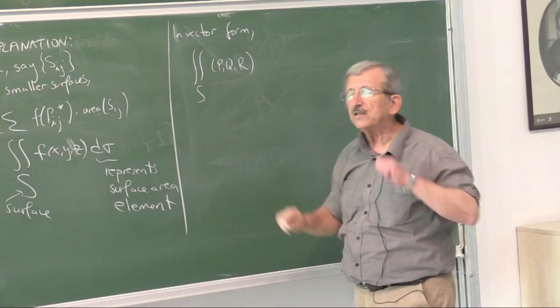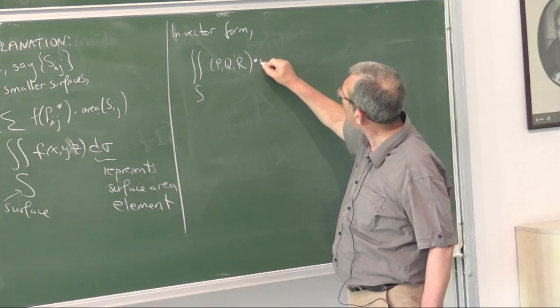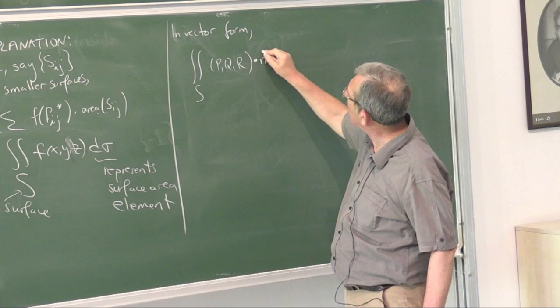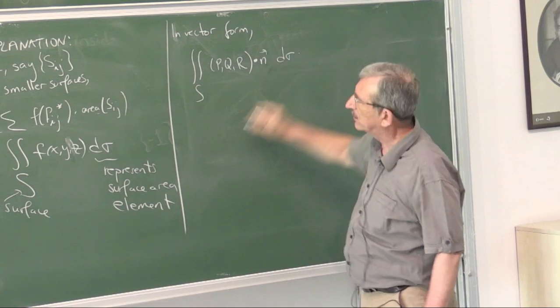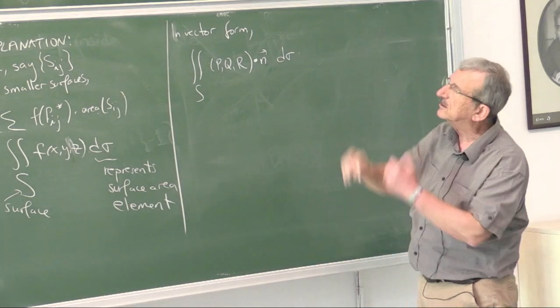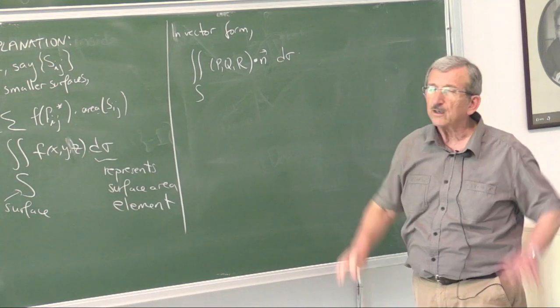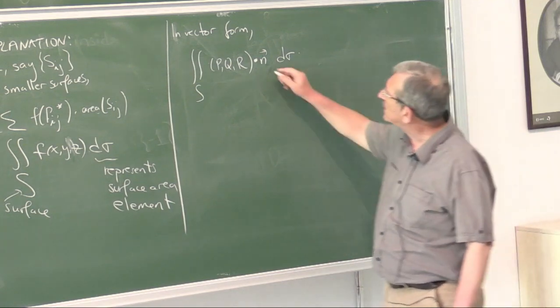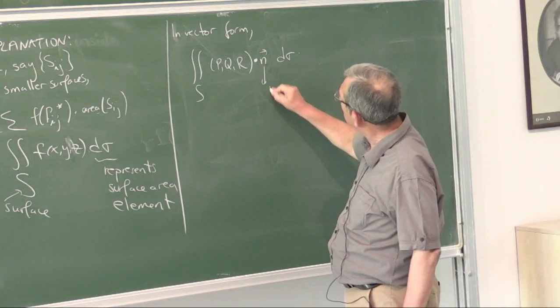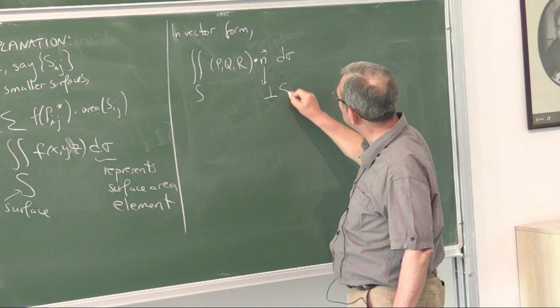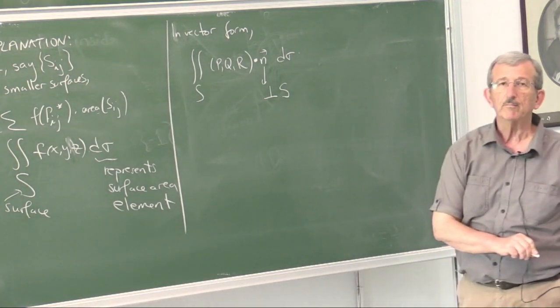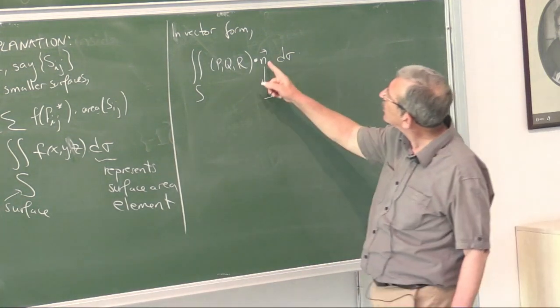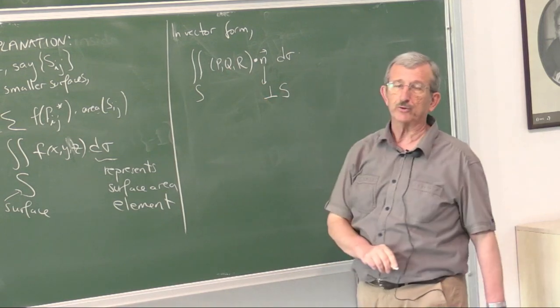As in the line integral case, we take the dot product with n, and then we evaluate in the usual way as this limit, whatever that is. This is not our concern right now. But the important thing: this n is perpendicular to S. Why do we take the perpendicular component of force?